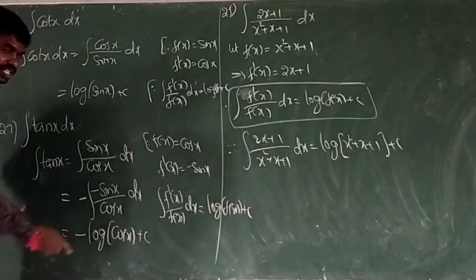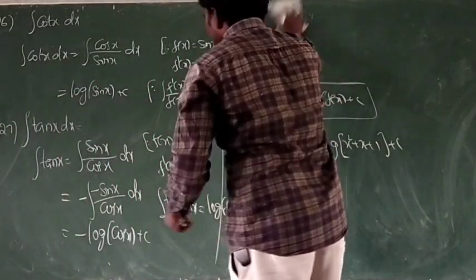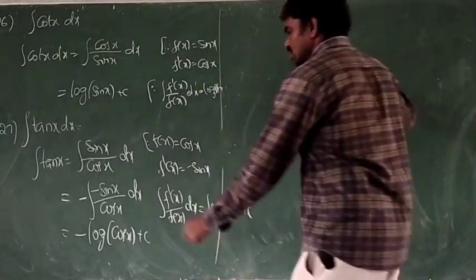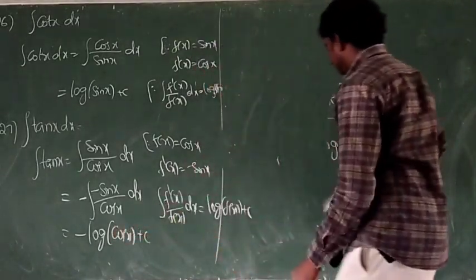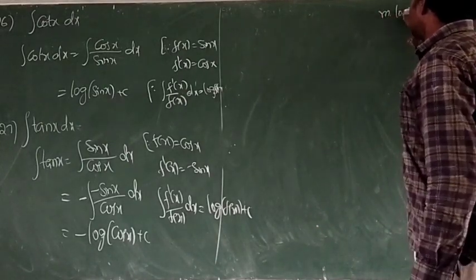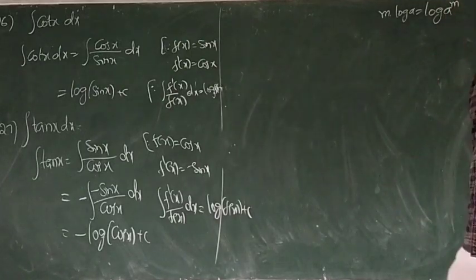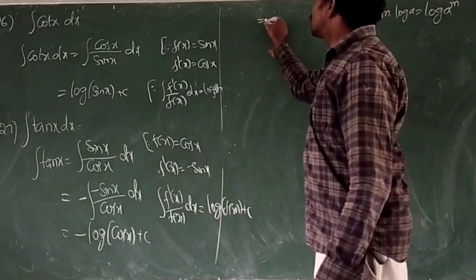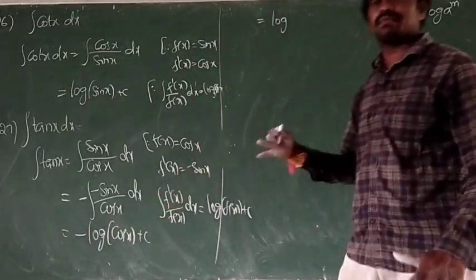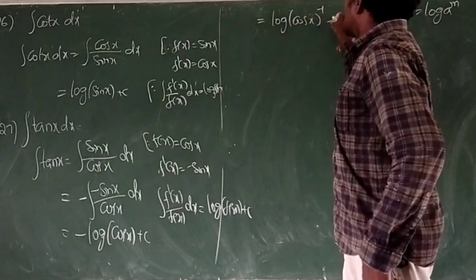So what is the other step, sir? Just wait. Whenever in logarithms, on the left side there is some m into log a, that is called log a power m. According to that formula, minus 1 goes to the power of cos x, so log of cos x whole power minus 1.